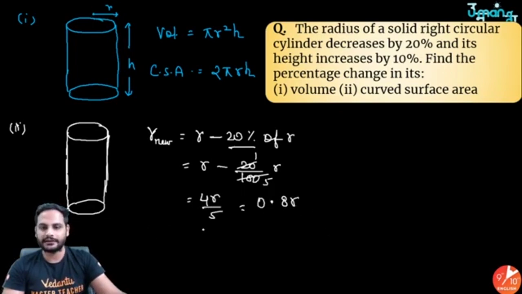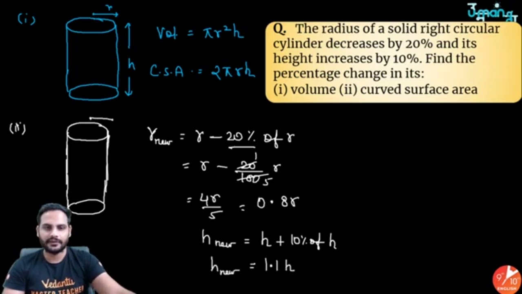And the new height will be equal to the previous height plus 10% of the previous height, because it increased by 10%. So the new height will be 1.1 h. So this is 0.8 r, and the height is 1.1 times h.